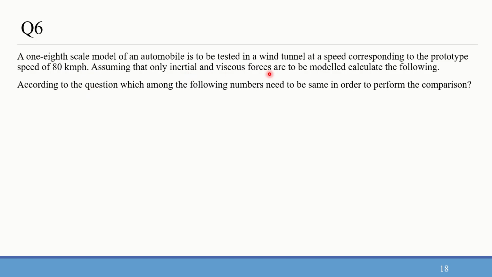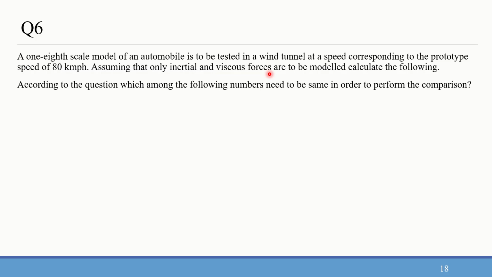Assuming that only inertial and viscous forces are to be modeled, calculate the following. So this is the problem statement based on which we will be calculating the further problems. So in this it is clearly given that only inertial and viscous forces are to be modeled. So what number relates inertial and viscous force? It is the Reynolds number.